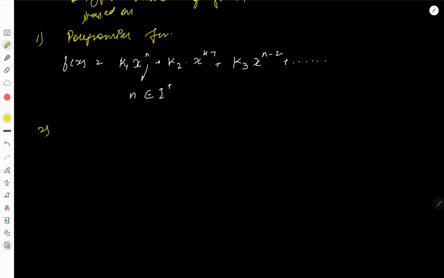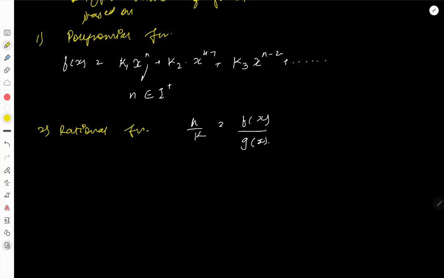Then the second one is a rational function. A rational function is, as we saw, h by k, which can now be written in functional form as f of x upon g of x. These are two functions having the input x, but their outputs are different and they are being divided.